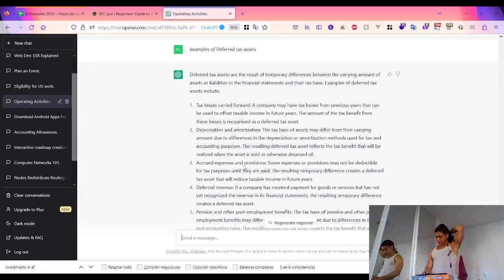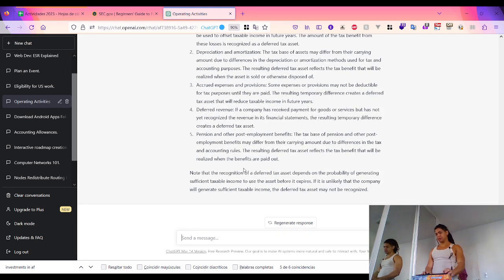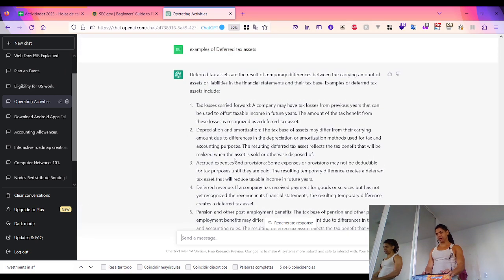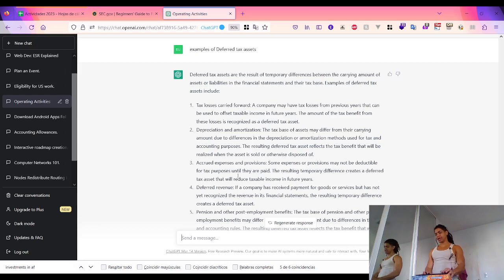But this is contextual. If a company generates sufficient taxable income, it will do this. So pensions and other post-employment benefits are part of these deferred tax assets.